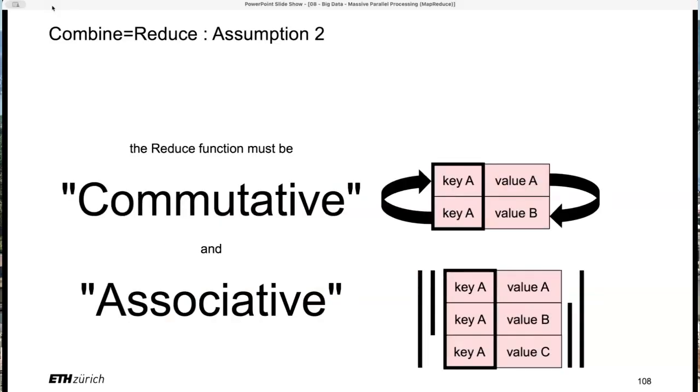And assumptions 2 and 3 are that whatever you use to aggregate the values within the same key should be commutative and associative, right? For example, addition is commutative and associative. Counting is, if you use the sum, that's again, the sum is associative and commutative.